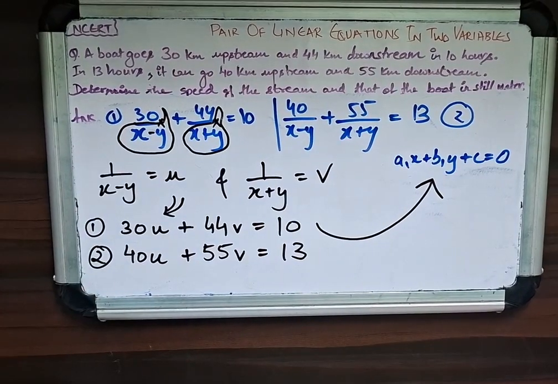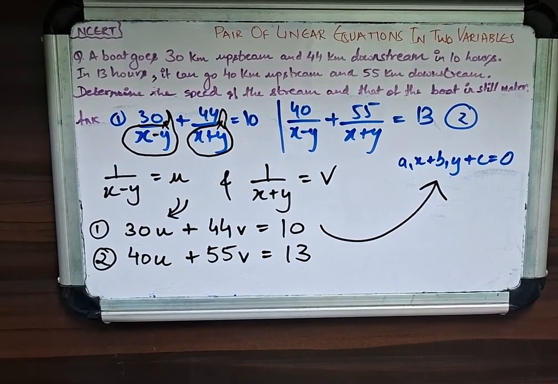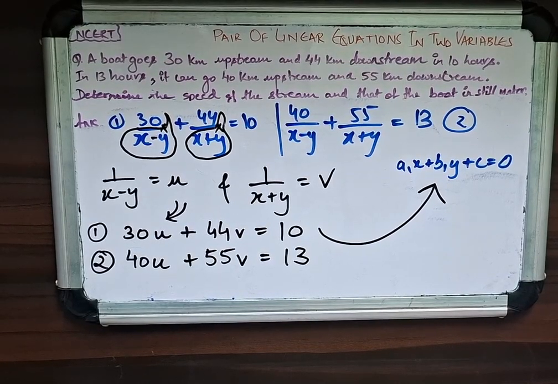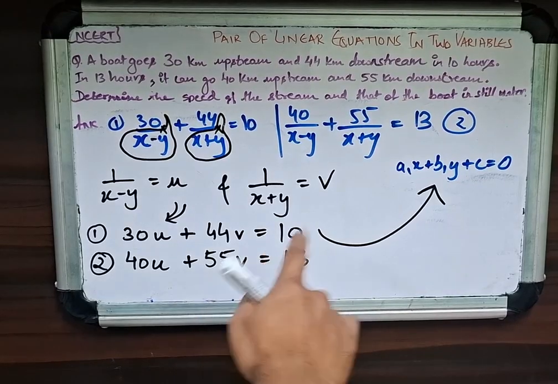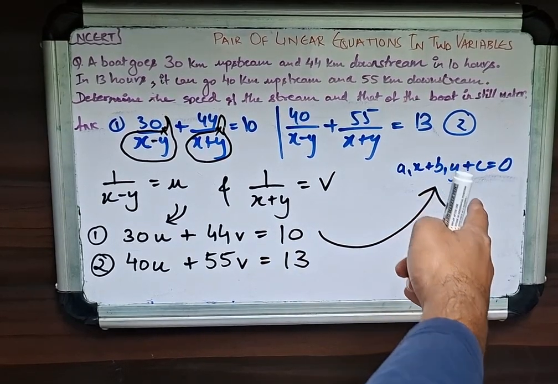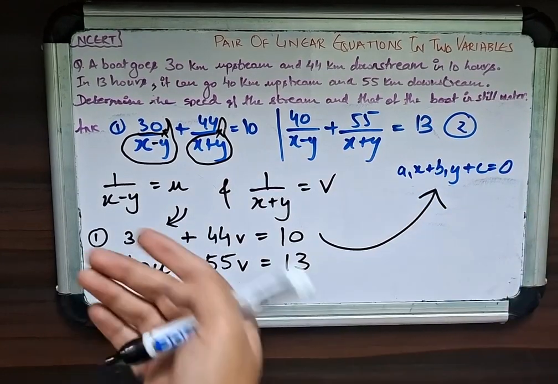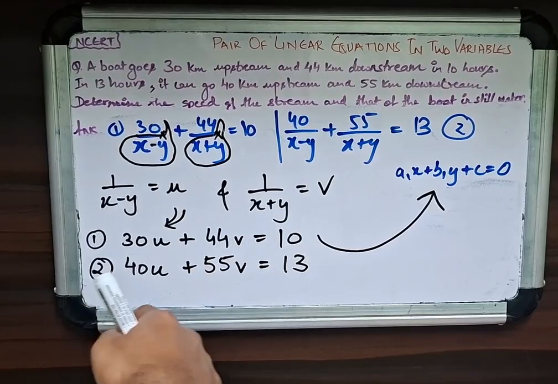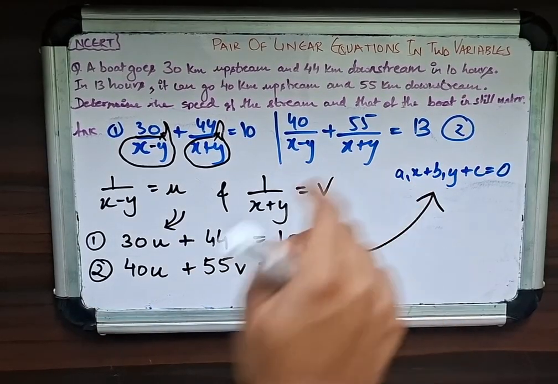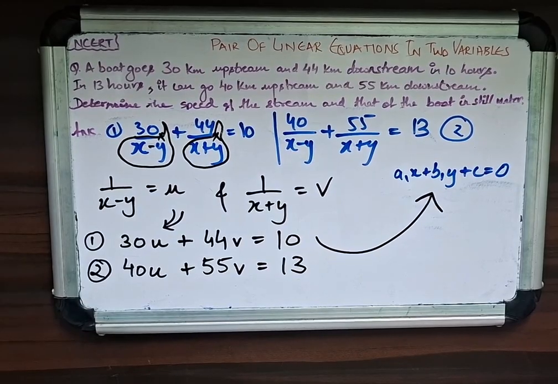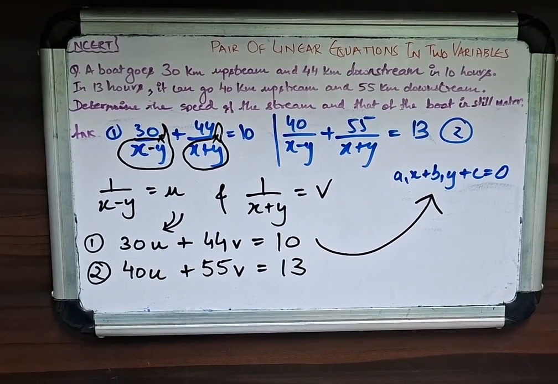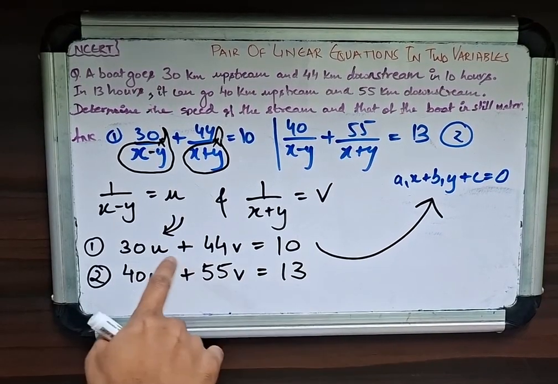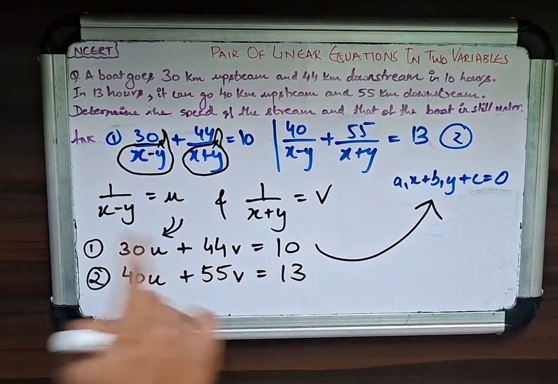Now if you look at these two equations, these are of the form a1x plus b1y plus c is equal to 0. Only difference is the constant is on the right hand side. In the form, the constant is also on the left hand side. So if you take these constants to the left hand side, it will be exactly similar to the form. Now you can use any method to solve these two linear equations and figure out the values of u and v.